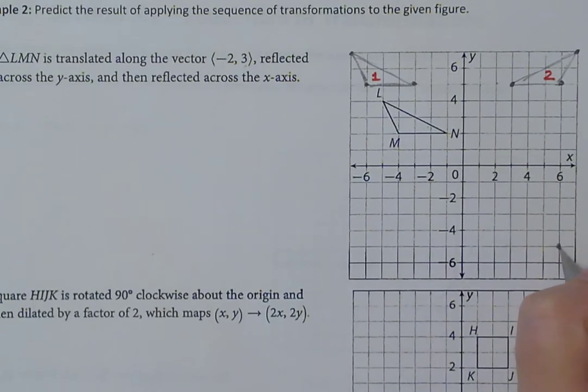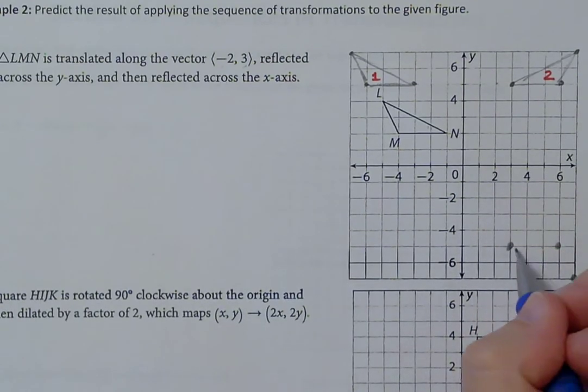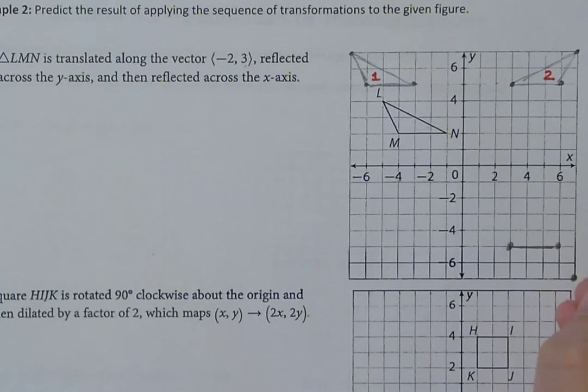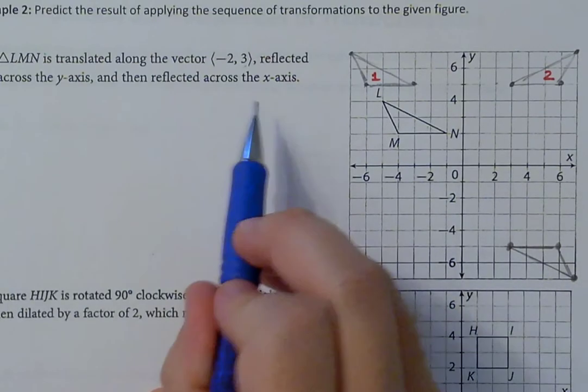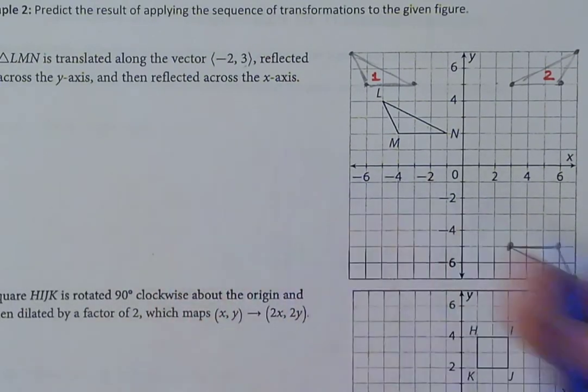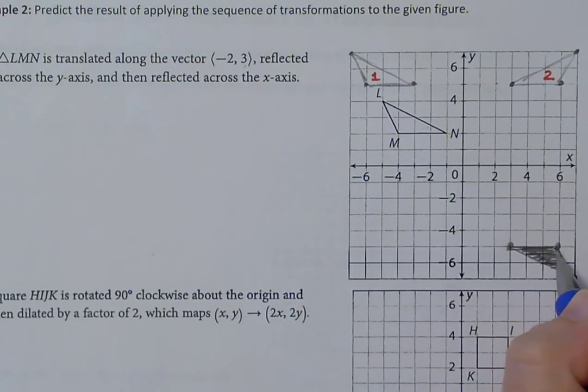This point here and there. So I have my points for my triangle there. And because that is kind of my final transformation that we make, I'm going to make the prediction that this is my final resting spot of my triangle.